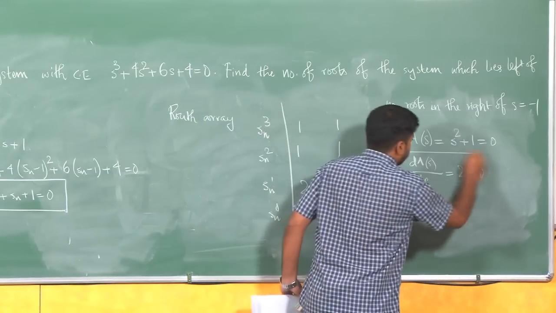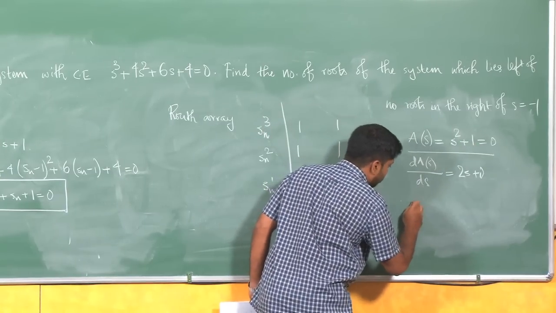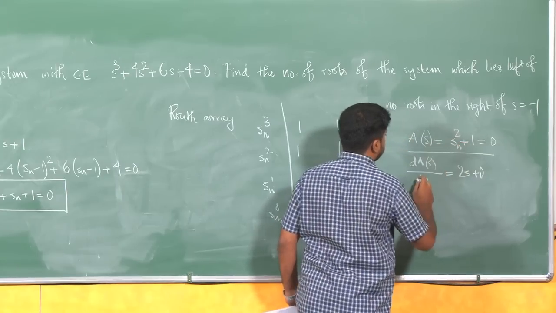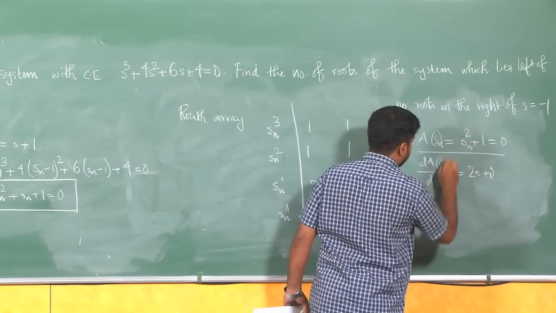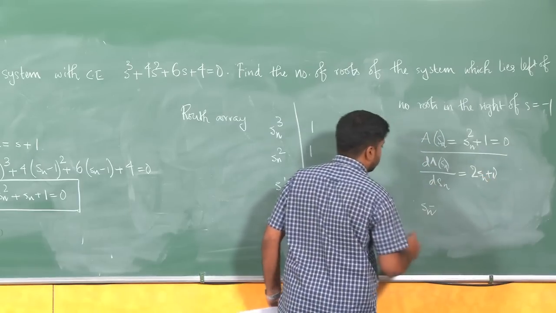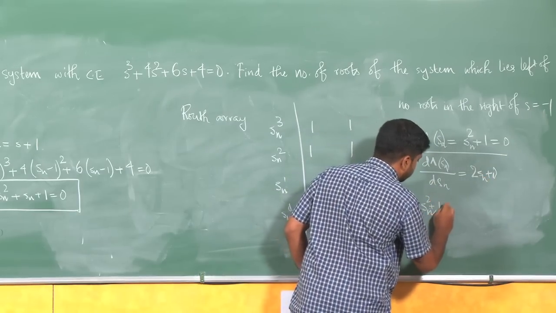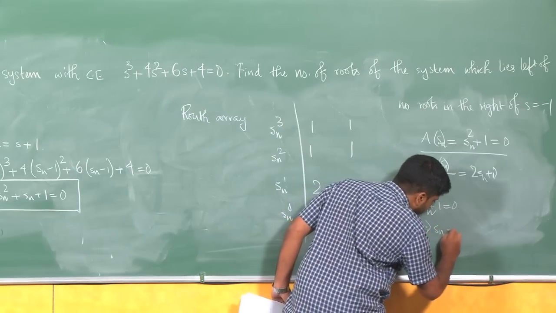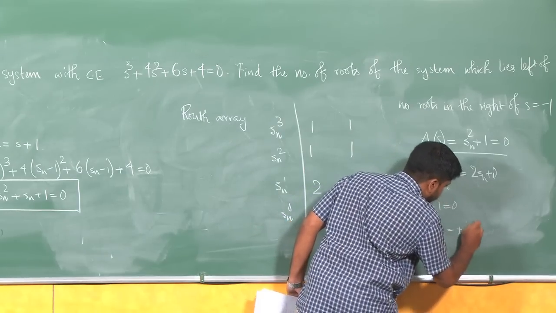Now, for the auxiliary equation, if we find the roots, S_n squared plus 1 is equal to 0, that is S_n is equal to plus minus j.